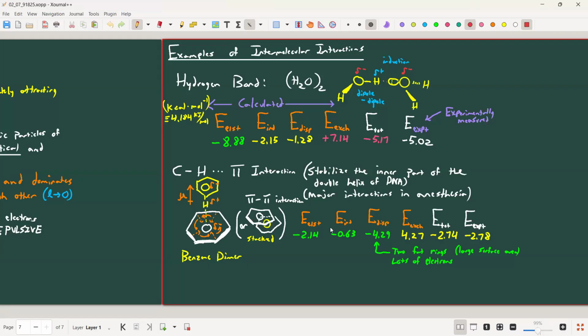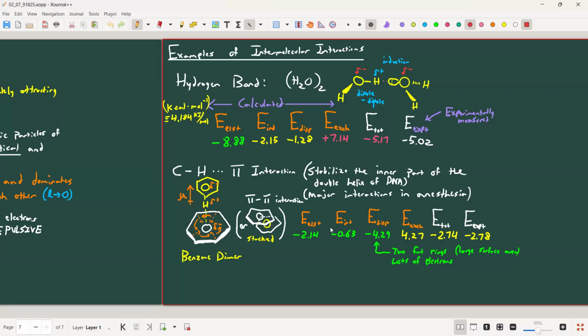But we have much more contact. We have these two rings that are in contact with each other. There's a lot more surface area of interaction between these two molecules because they're large and kind of fat. And so the dispersion interaction compared to water is much larger by a factor of almost 3. Because we have this contact, but once again, when you have dispersive contact, you have a large surface area of interaction.